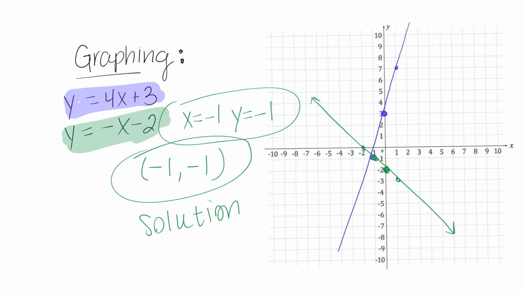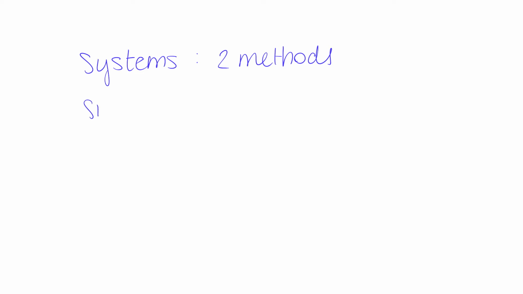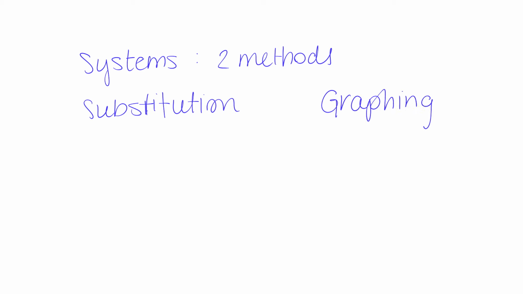So as a quick recap, let's go through this whole situation again. So we're dealing with systems, and we're dealing with two methods, and those two methods are substitution and graphing. In substitution, you isolate a variable.